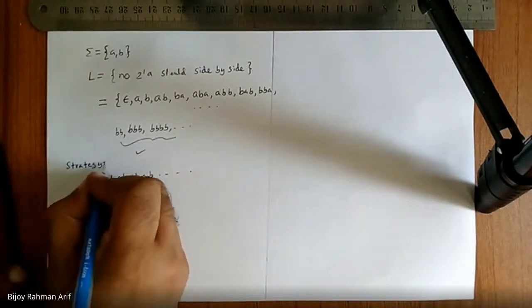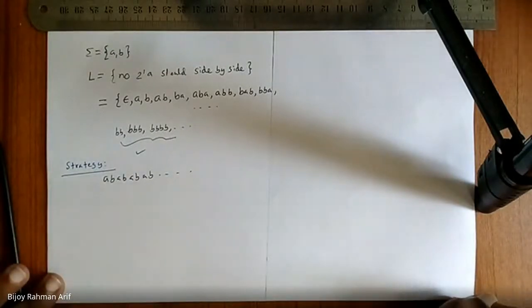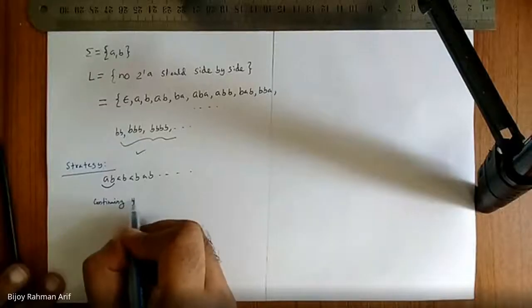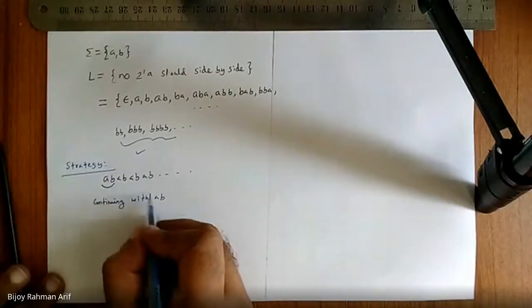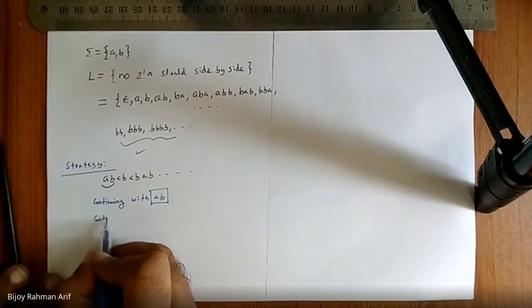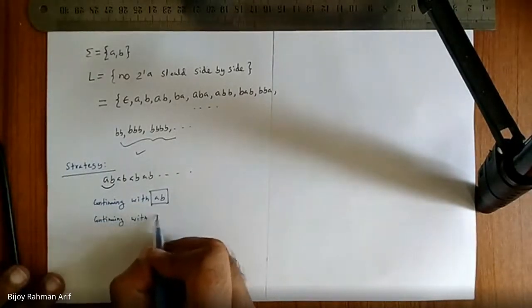So how can I generate this kind of strings? Either continuing with AB, this is the building block, or continuing with BA.